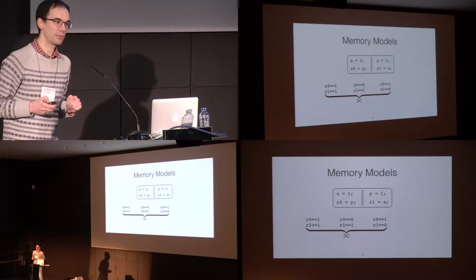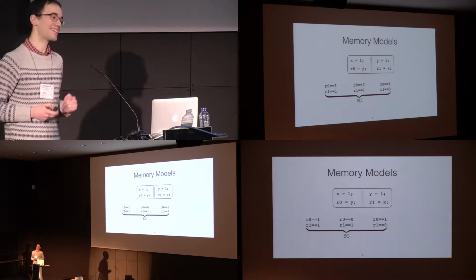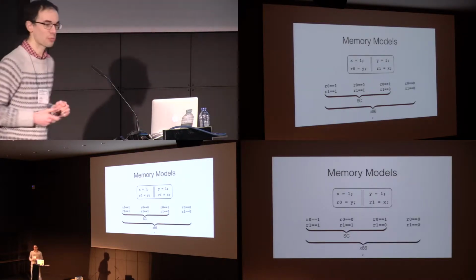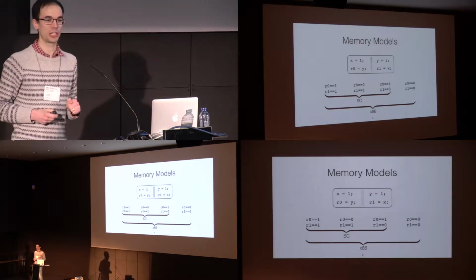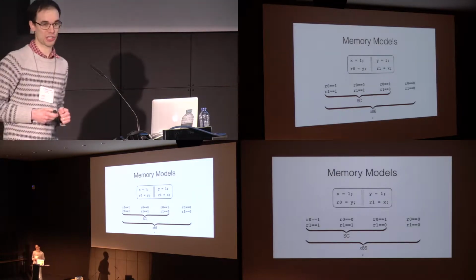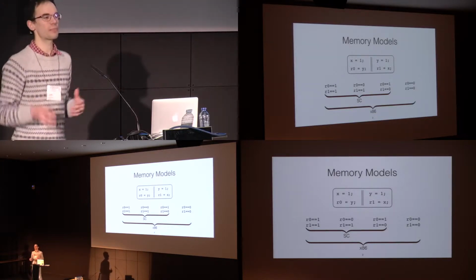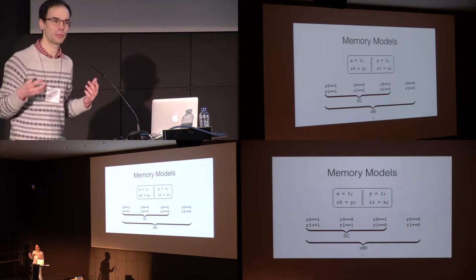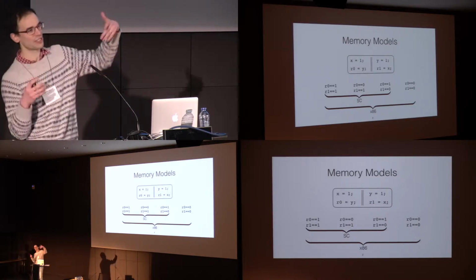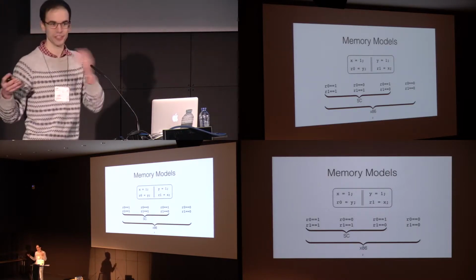But if you run the program according to the x86 memory model, then there's one extra outcome that you could occasionally observe, where both registers end up with 0. Quite why this happens is because of some fancy architecture optimization to do with write buffers that delays the propagation of writes from one thread to the other.